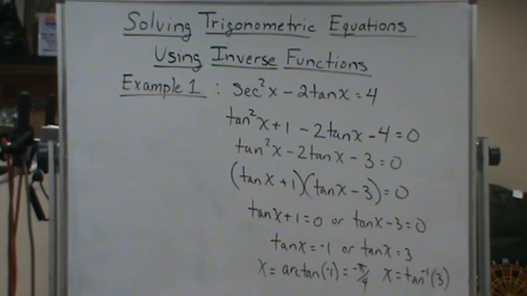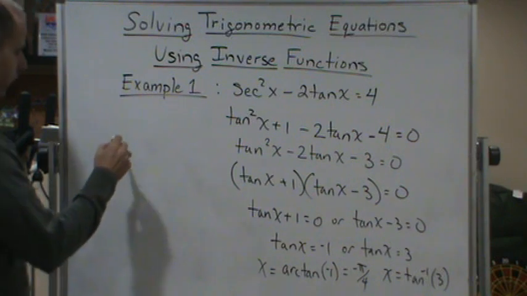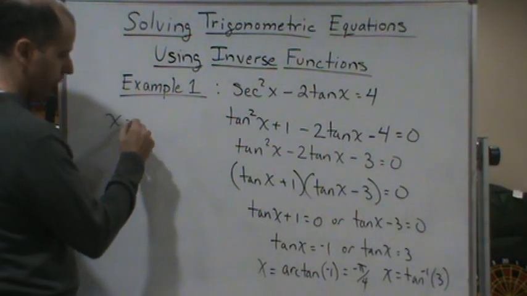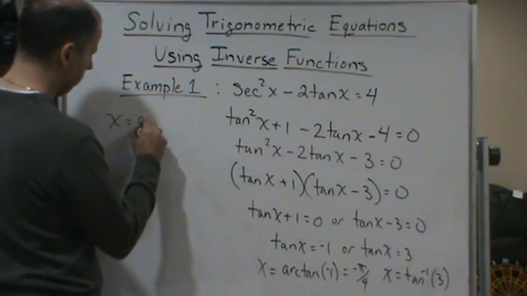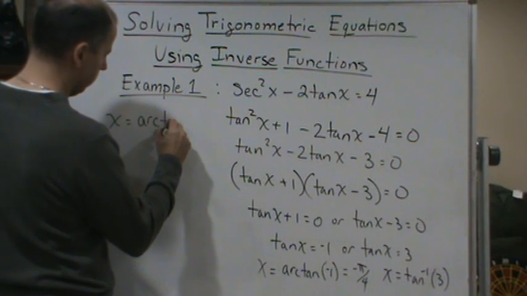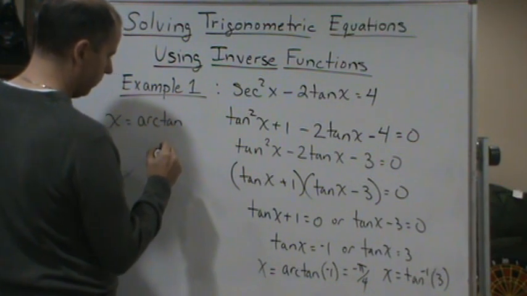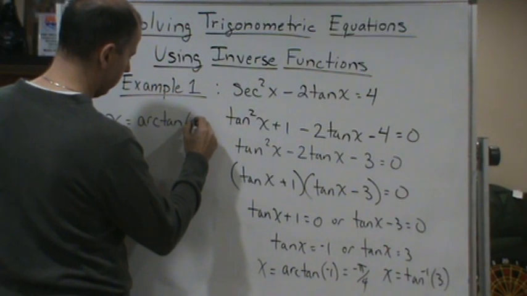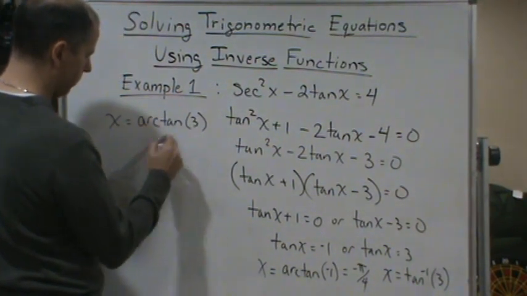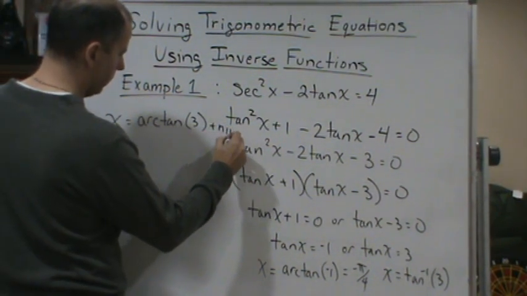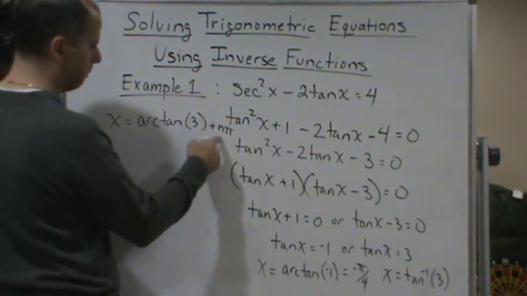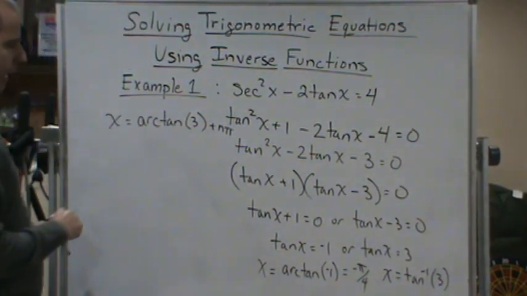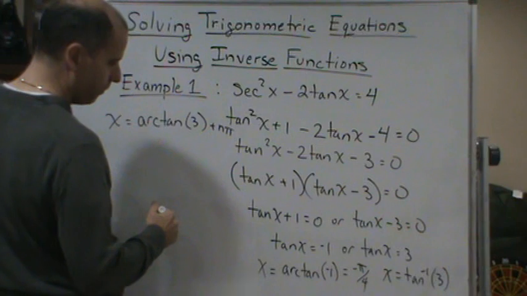And since tangent of x has a period of pi, the general solution would look like this. So the arctangent of 3 plus n pi, where n is an integer.